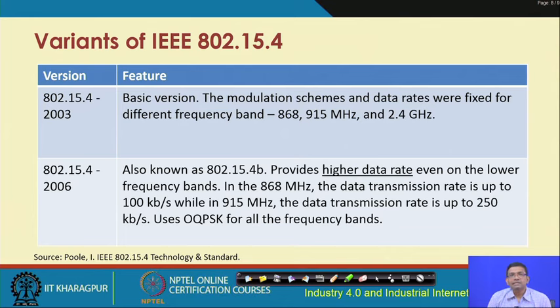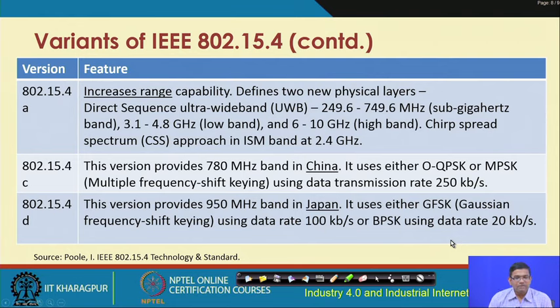In 2006, the next variant came, popularly known as 802.15.4b, which tries to offer higher data rates compared to the previous version. Then we have the next one, 802.15.4a, which talks about increasing the range capability.